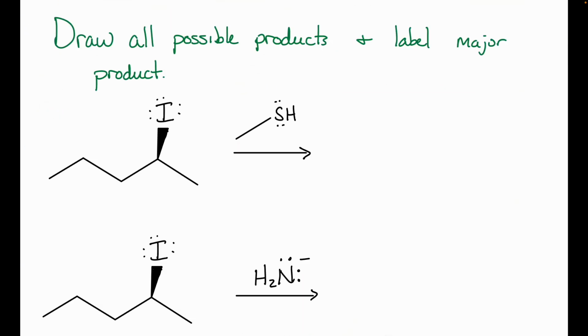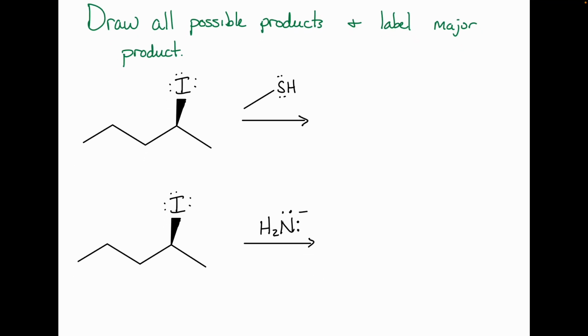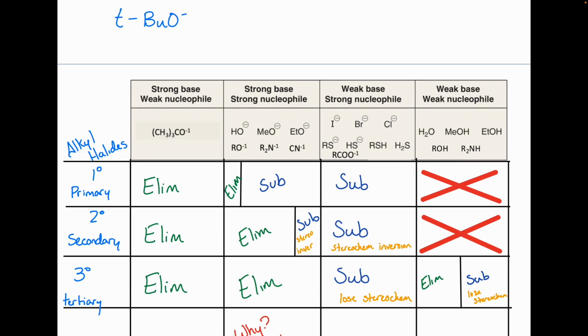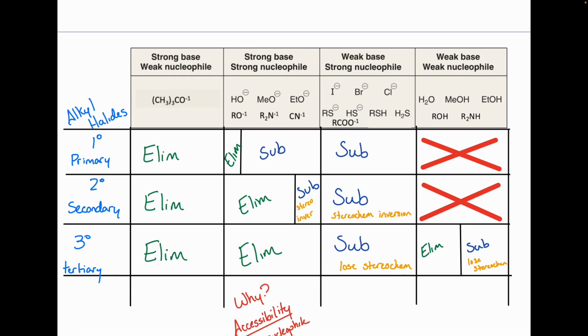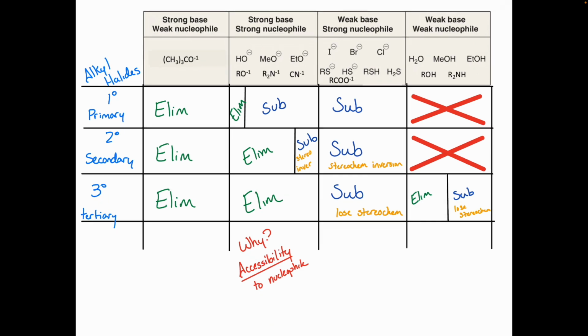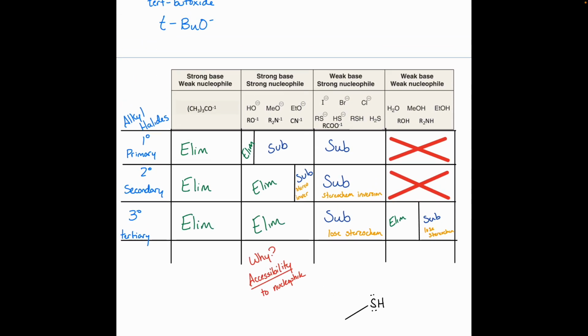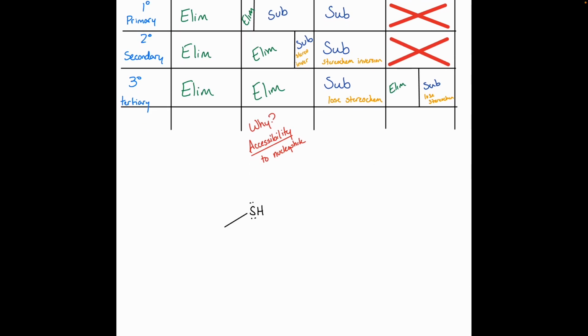So let's look at, first of all, our alkyl halide. Primary, secondary, tertiary. So in this case, we have these secondary alkyl halides here. So let's make sure that we can take this nucleophile and figure out what category it belongs to.